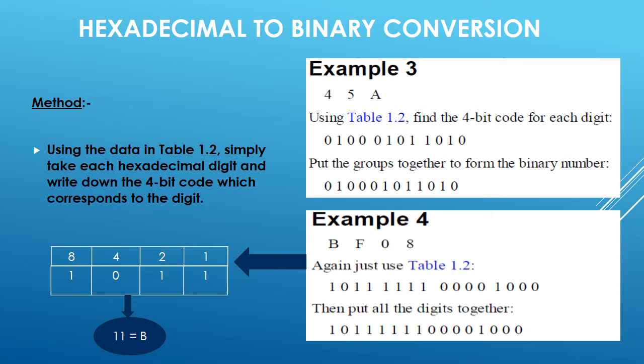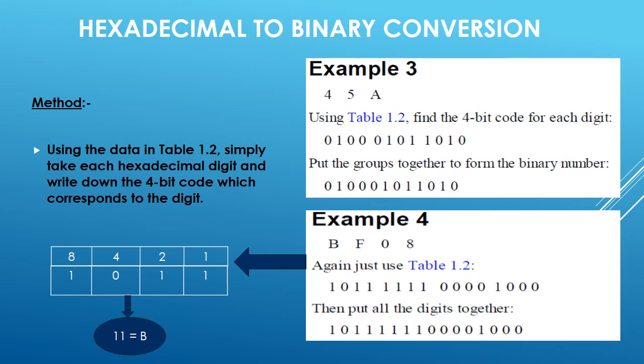To get 5, you will put 1 under the binary notation 4 and under the binary notation 1, and you will put the rest of the places 0. And to get A, which is equivalent to 10, you will be putting 1 under the binary notation 8 and under the binary notation 2, and the rest of the binary notation will be considered as 0. So this is how you can get the equivalent binary number.